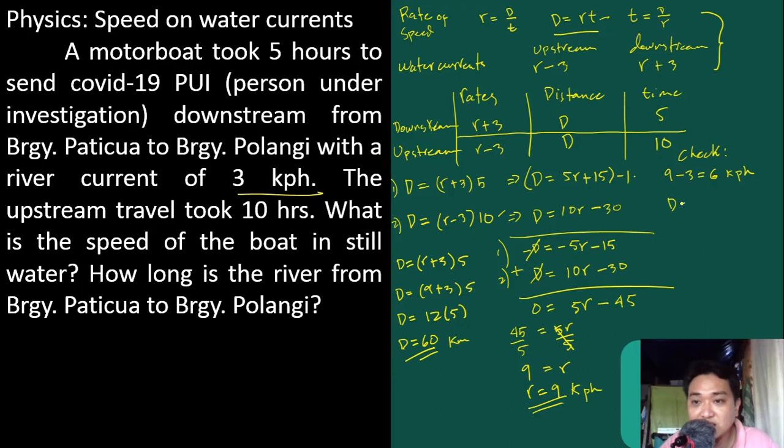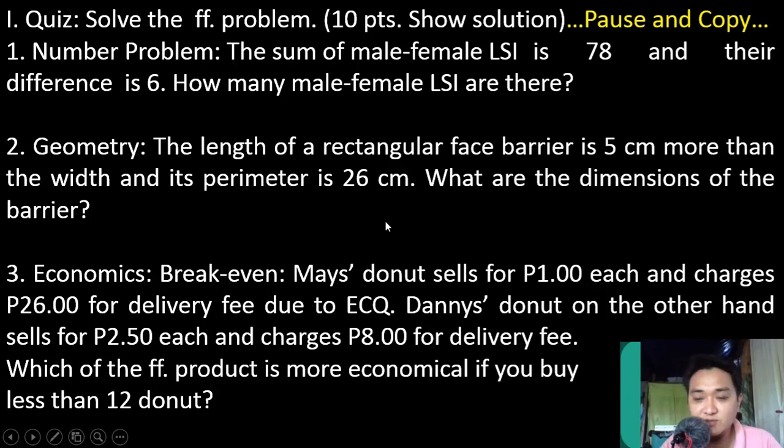Distance, yung rate natin na 6, multiply natin by 10 hours. Bakit 10 hours? Kasi 10 hours yung oras na ginugol nila para makabalik to Barangay Patikwa, upstream. So that is, the distance is 6 times 10 is 60. O therefore, we are correct. Ayan po. 60 kilometers.